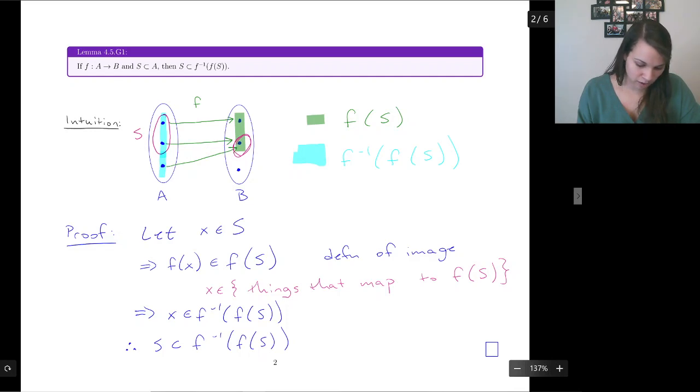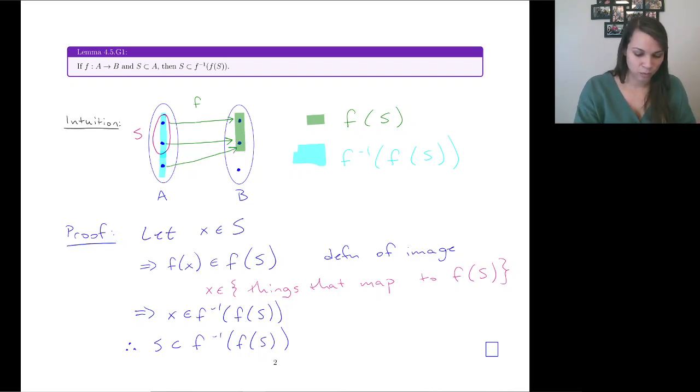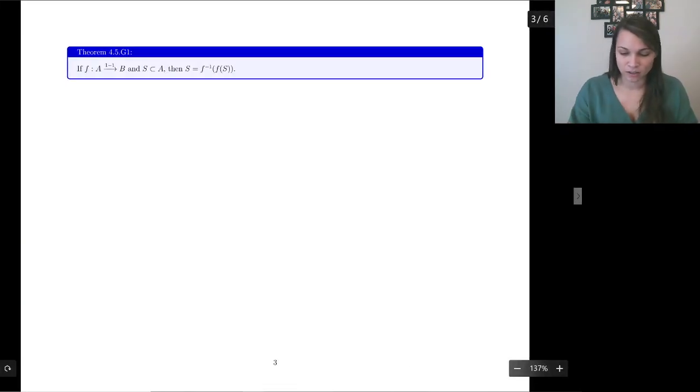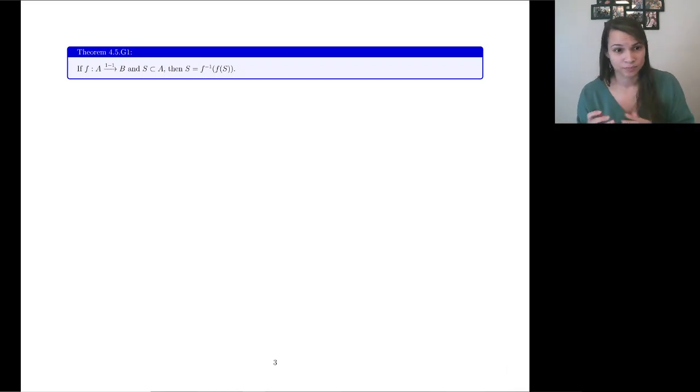So in order to prevent this funny subset business where it got bigger when we went backwards, we're going to have to prevent elements from mapping to the same place. That means we need f to be one-to-one. So here we go. As long as f is a one-to-one function, now we have equality.